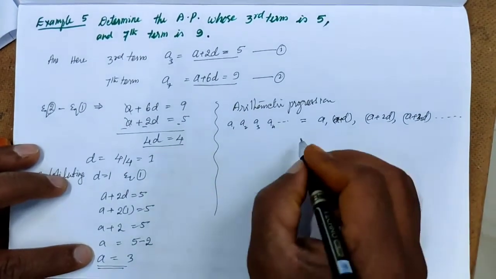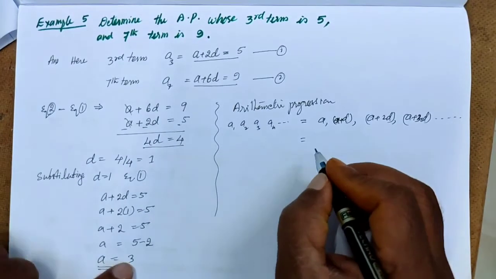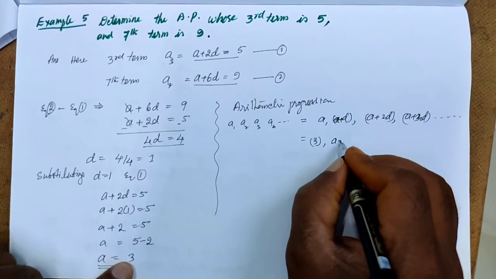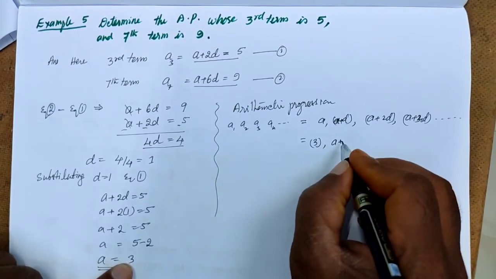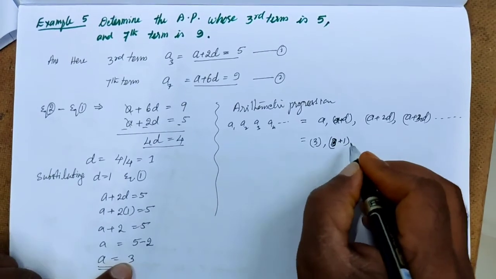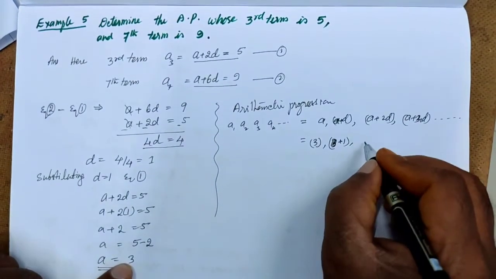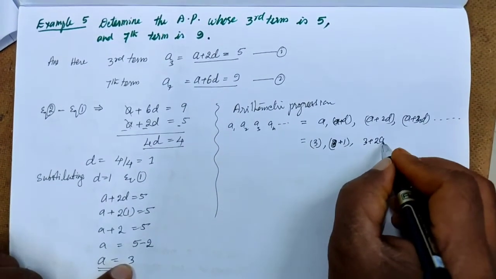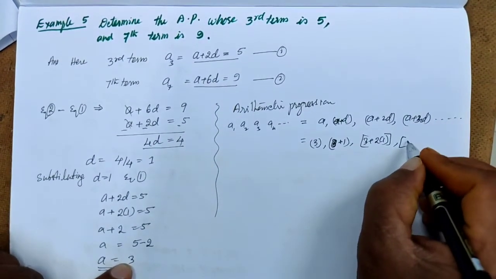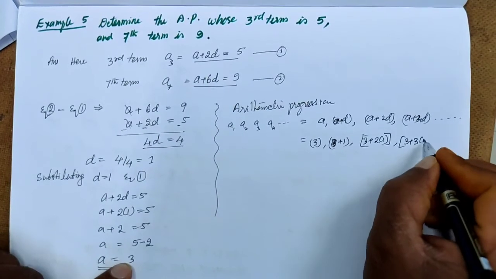So now a is 3, the second term a plus d is 3 plus 1, the third term is 3 plus 2 into 1, and the fourth term is 3 plus 3 into 1.